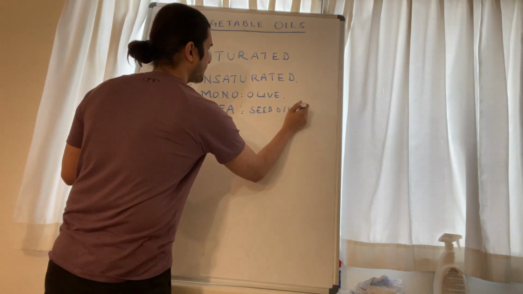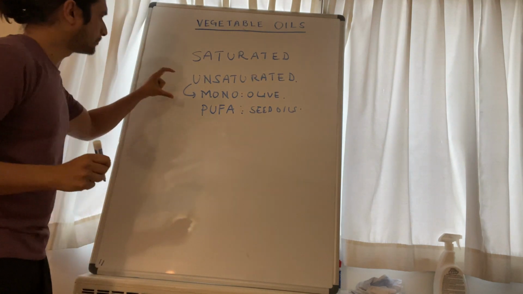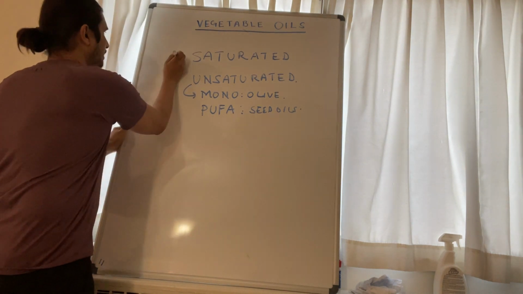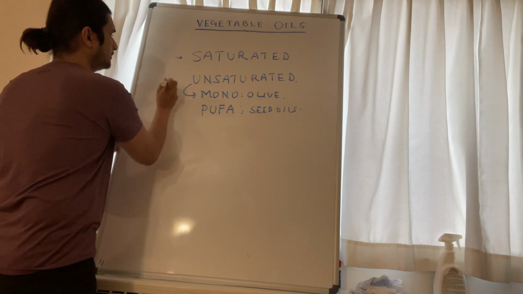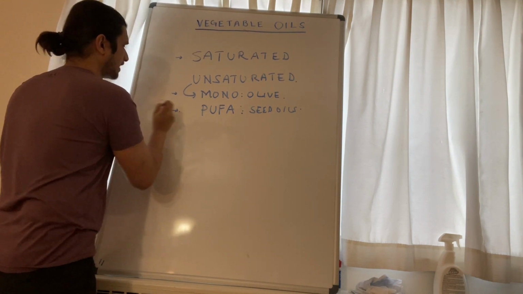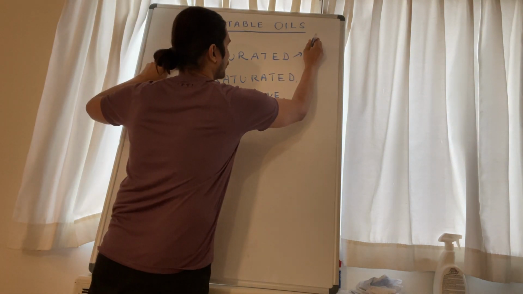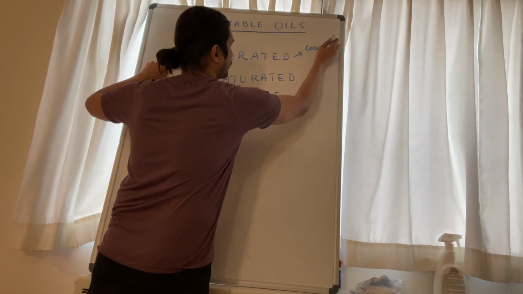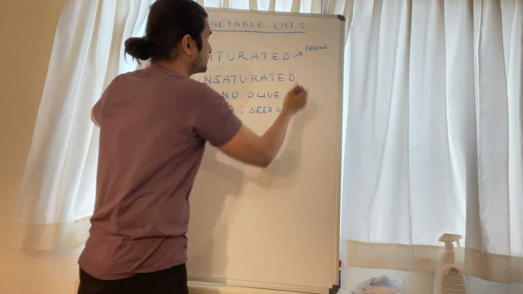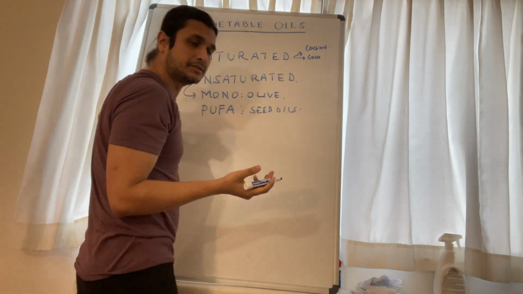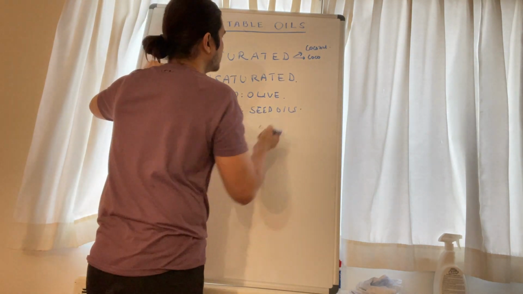So let's see what the problem of polyunsaturated is. But before we even go there, think about it as saturated, monounsaturated and polyunsaturated. Saturated includes things like coconut that grows in equatorial regions. Cocoa butter again grows in Ghana, so that's again the African equatorial region.